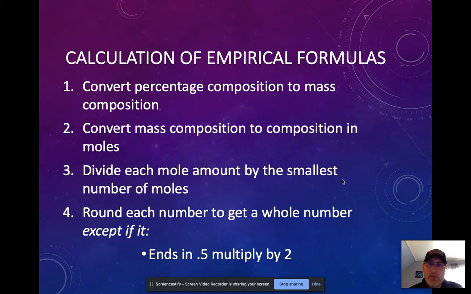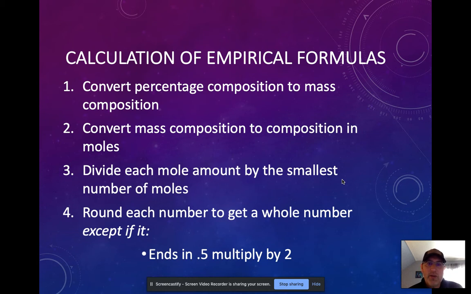Then you have mole amounts of each of your different elements. Okay. Then step 3, it says divide the mole amount by the smallest number of moles. So whichever one is the smallest, you're going to divide all of them by that particular one. Okay, so one of them will always end up being 1 because you'll be dividing it by itself.